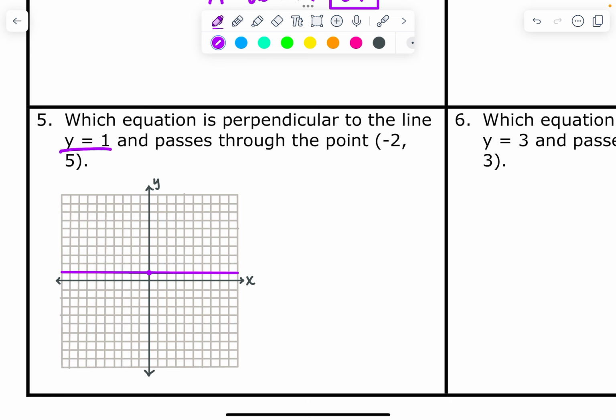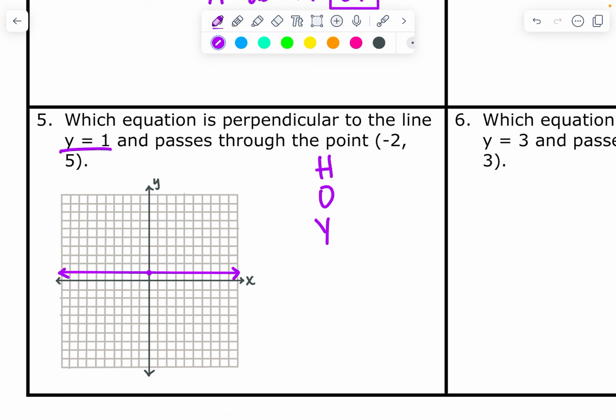You could draw a vertical line through it, but then it would go through every other number on the y-axis. We don't want that. We just wanted to go through the 1, so it has to be horizontal. Also, if you just remember, since it is y equals 1, that would be horizontal. So either way, you can see that it's supposed to be horizontal.